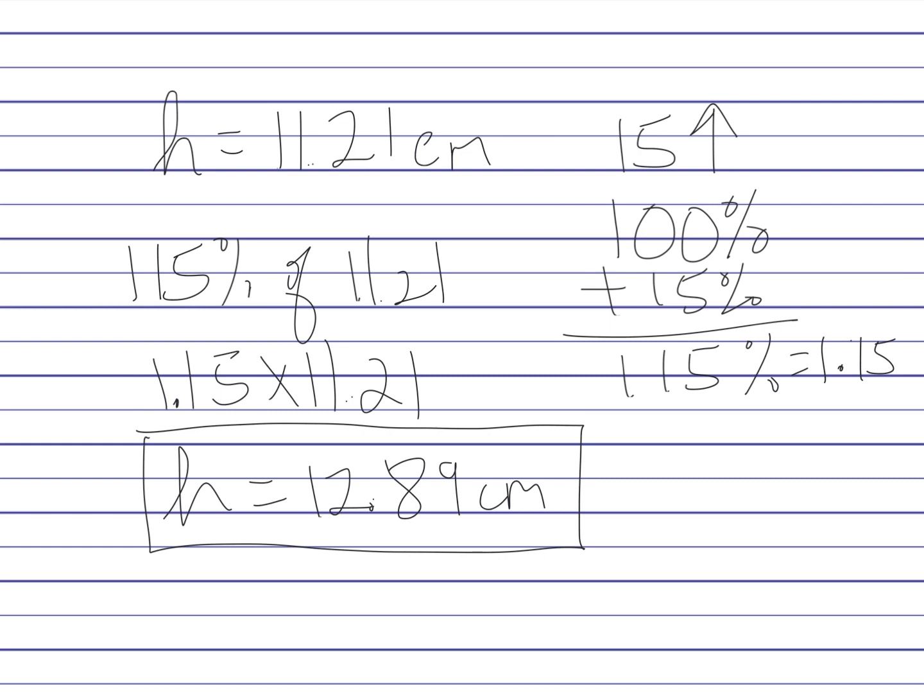So if we have a new height, then the last part is to figure out the new volume. The new height is 12.89. We're still using our same assumptions of a can that's flat on the bottom and flat on the top and filled to the top. So I'm just going to use my volume formula and plug in what I know. The volume formula is pi r squared times h.